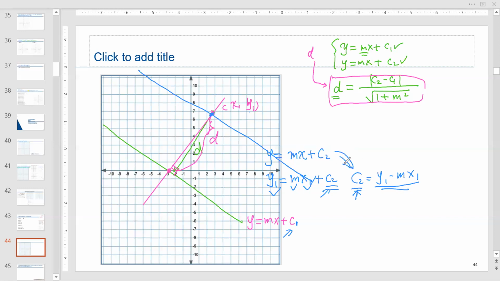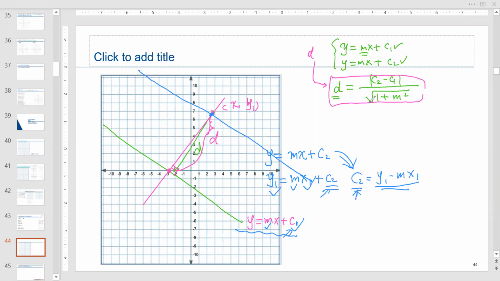C2 is equal to this part. So we know the C2, and C1 was given already. So you know the m, you know the C1 and C2. We put this data into this formula. Did you see the similarity between them? You can see we transfer the dot to line distance into the distance between two parallel lines, right?